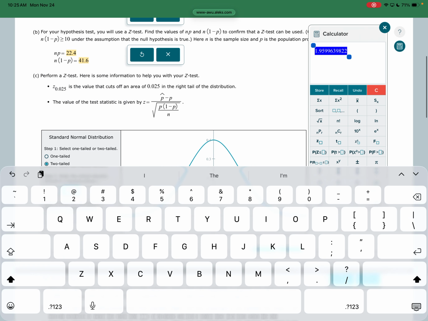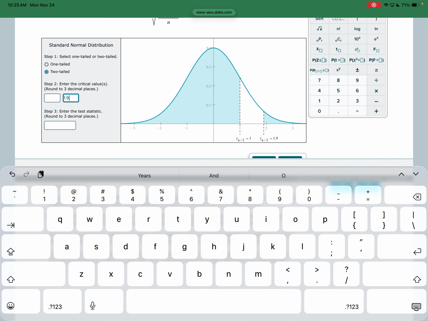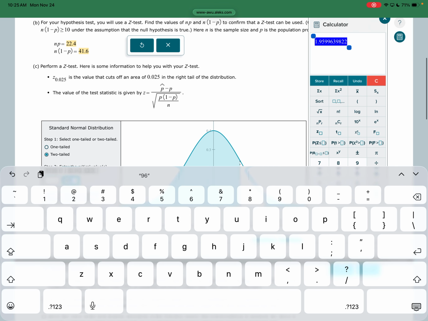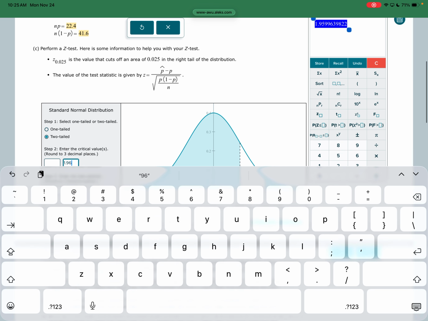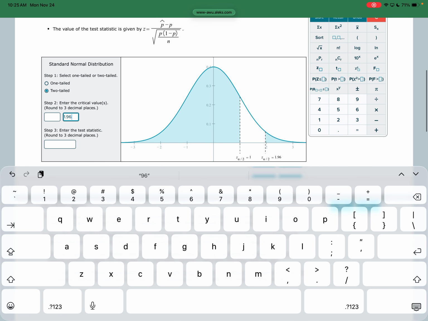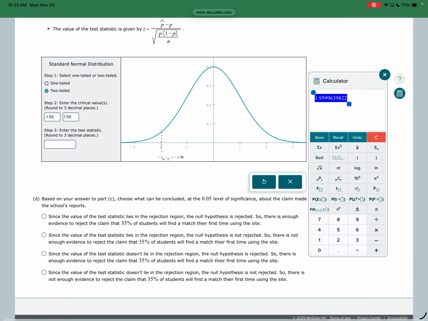So all we have to do is put that in the calculator, and we get 1.96. I think 1.96 will be fine. And then the other side, you just do the negative. So everything is symmetric. So one's positive, one's negative.